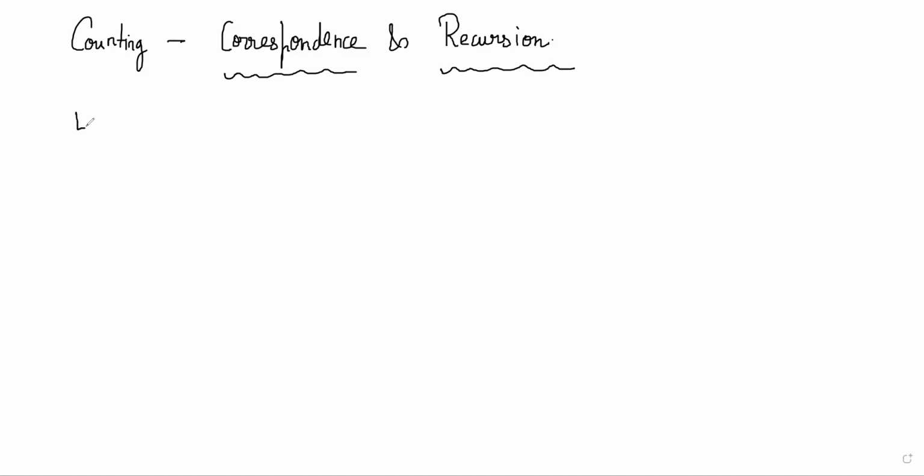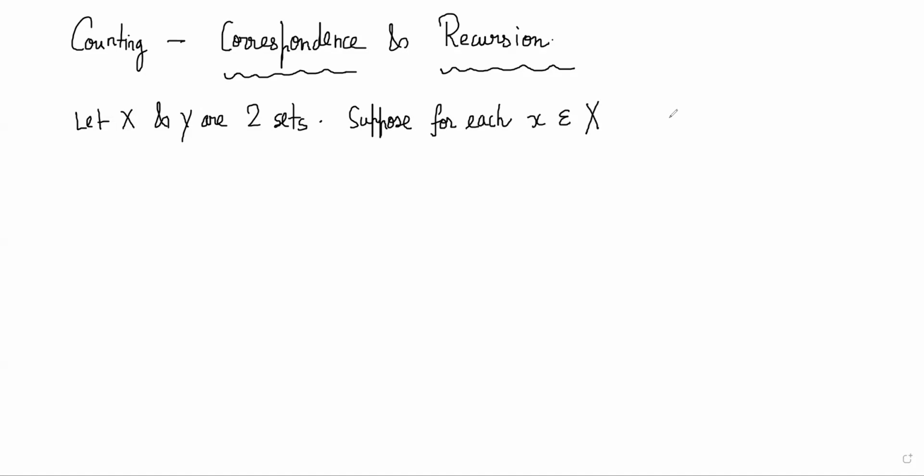Okay. So let's say X and Y are two sets. Suppose for each x that belongs to capital X, there is a unique element y that belongs to the capital Y set.